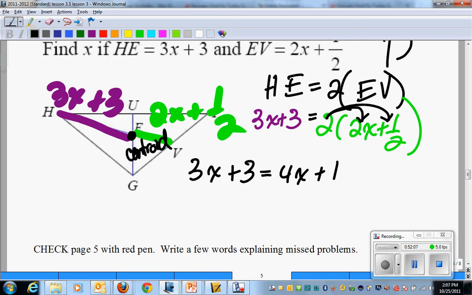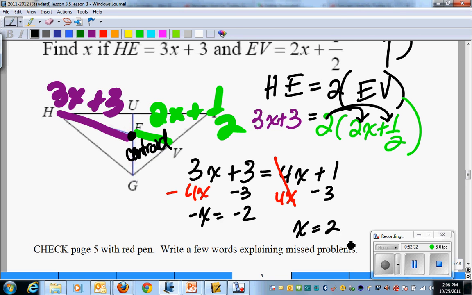Okay, so here we go. We're going to minus 4x, minus 4x. So I have negative x, and here I minus 3, and I get minus 2. So x equals 2. All right.